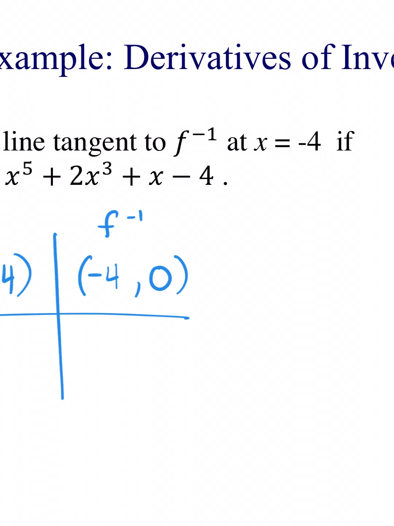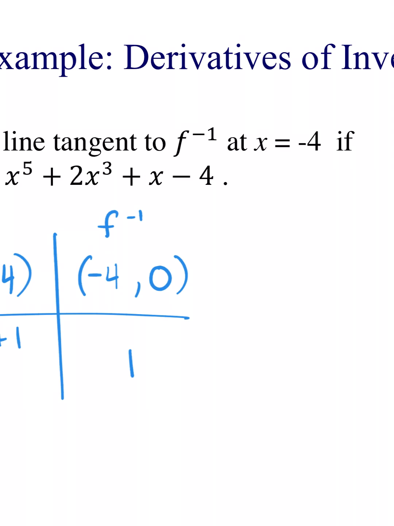Then I find my f prime, which is 5x to the 4th plus 6x squared plus 1. And so the derivative value is going to be 1 when I plug in 0. Which means the inverse derivative value is the reciprocal of that, which is also 1.